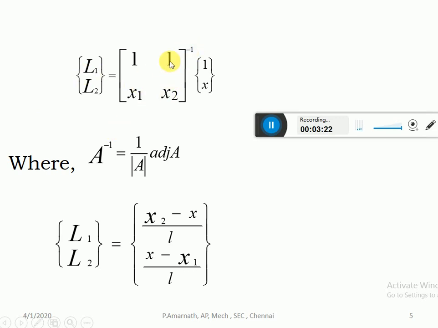This inverse we can find using the formula A inverse equals 1 by determinant of A times adjoint of A. With the help of this formula we get the solution for L1 and L2: L1 equals (x2 minus x) divided by L, and L2 equals (x minus x1) divided by L. So this is for the 1 dimensional element, L1 and L2.